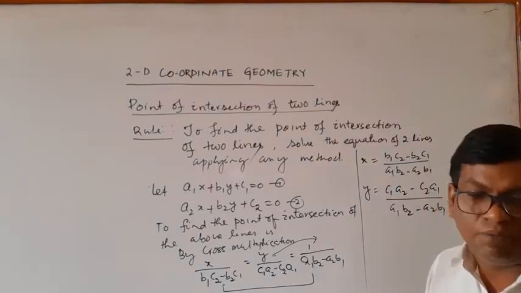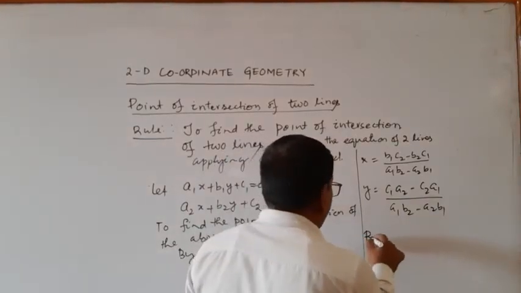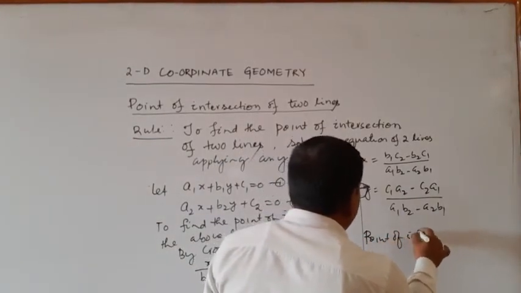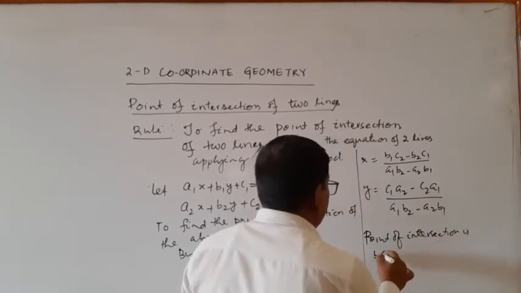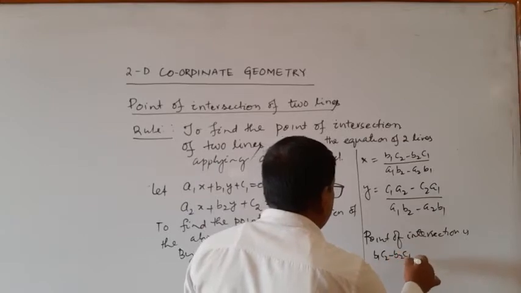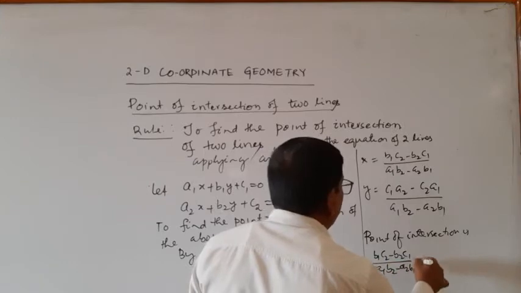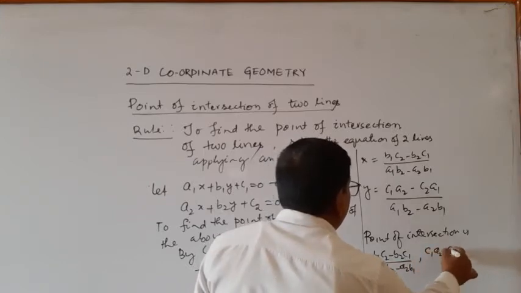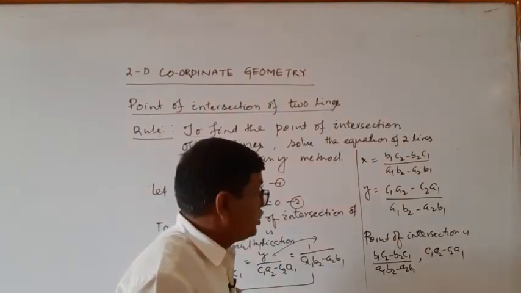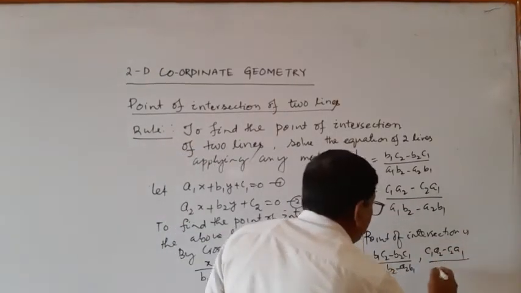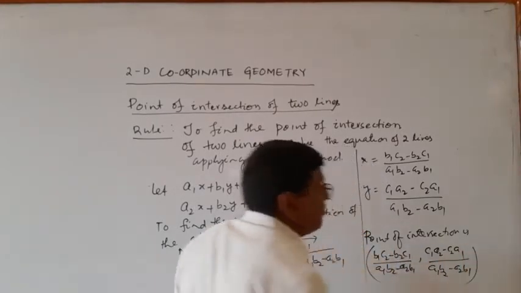So the point of intersection is b1 c2 minus b2 c1 divided by a1 b2 minus a2 b1, comma, c1 a2 minus c2 a1 divided by a1 b2 minus a2 b1. This is the point of intersection.